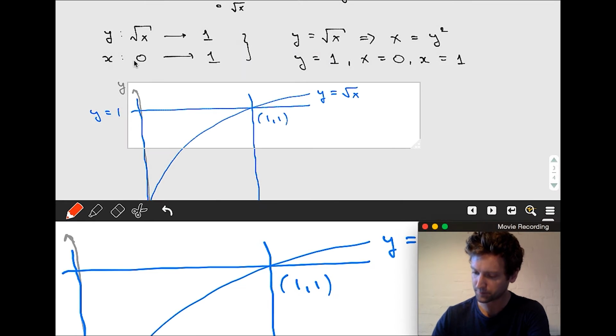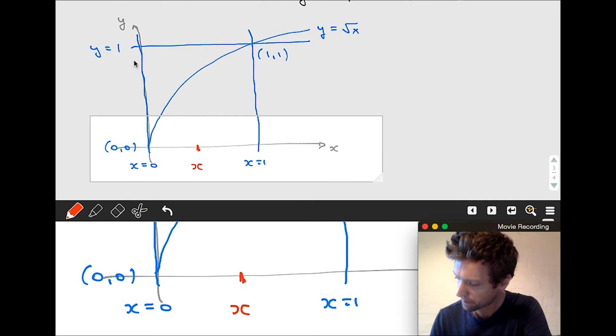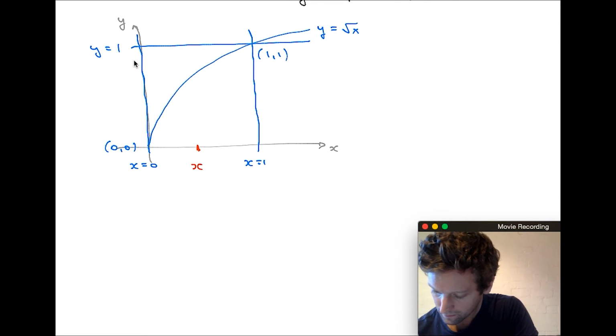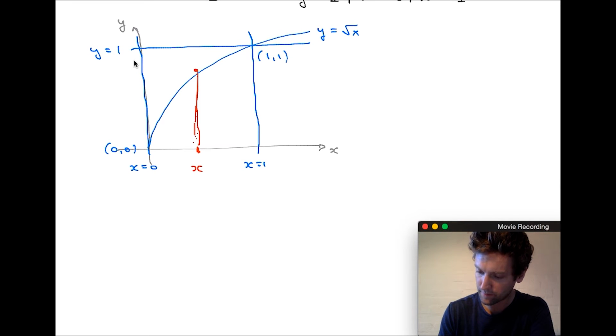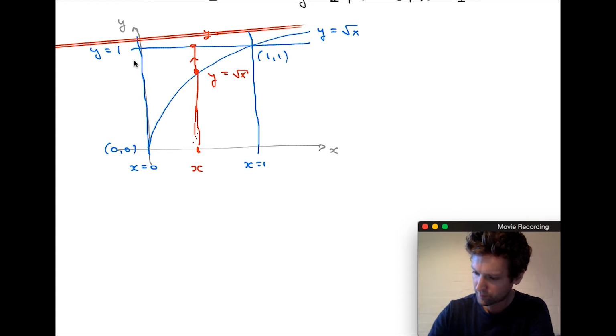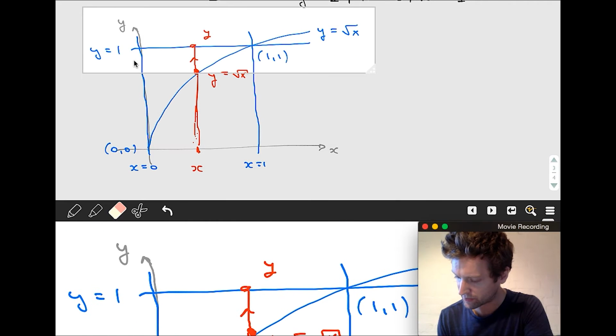So we can take our little tracer up to the point here, y is equal to the square root of x, and then go all the way up to y is equal to 1.